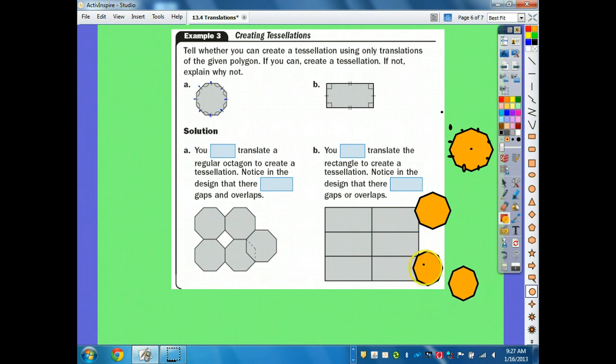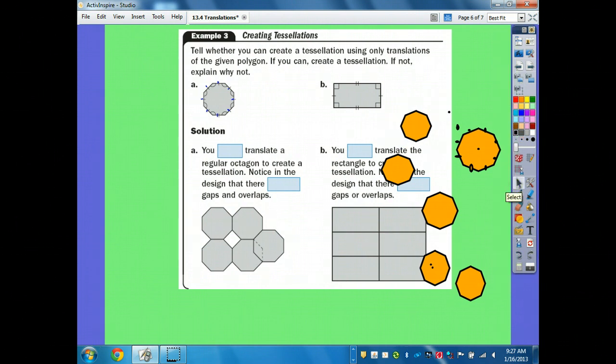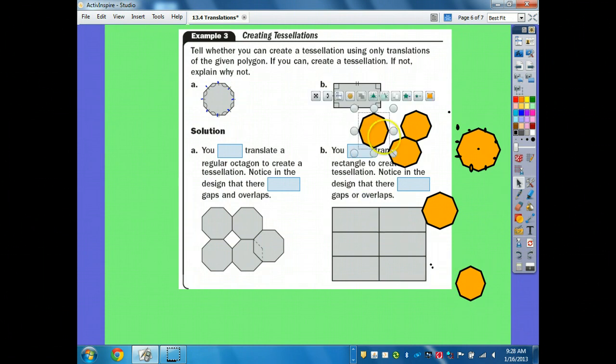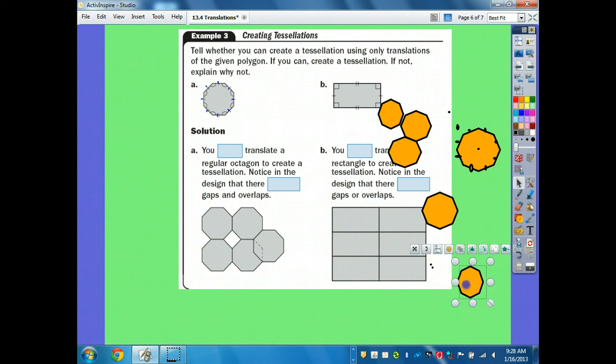I'm trying to copy this. We'll get them kind of close. All right, let's see if we can tessellate these. If I have a bunch of octagons. Is this one pretty close to that size? Can I make it smaller? There's another one. Make that one a little bit smaller, bring that over here.